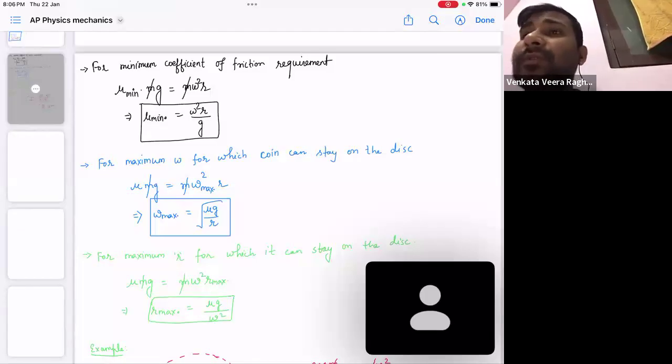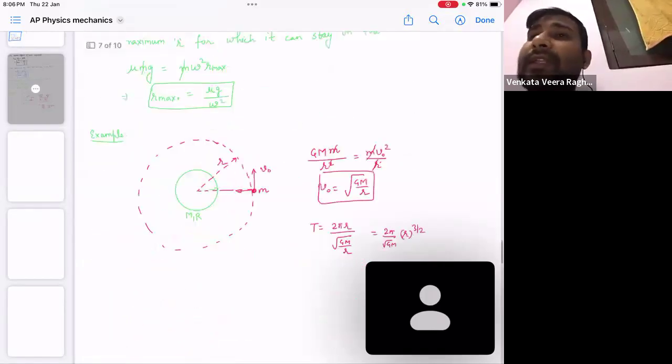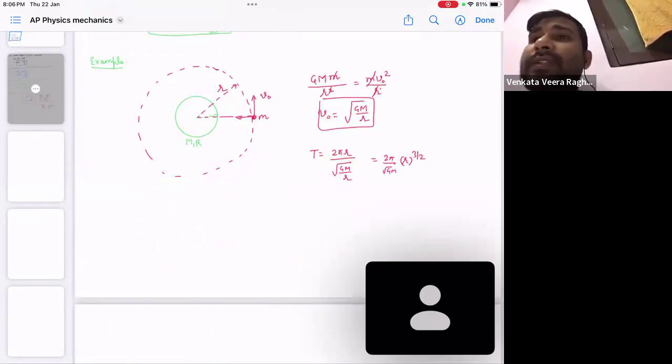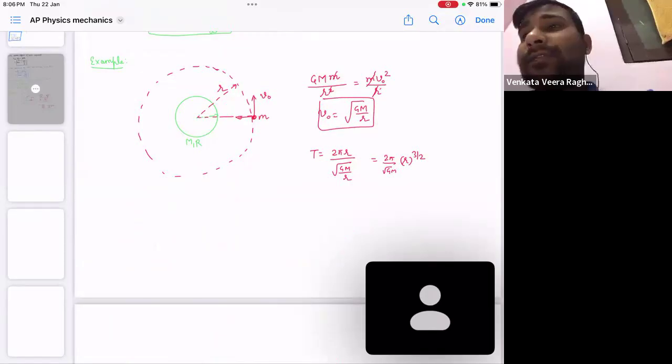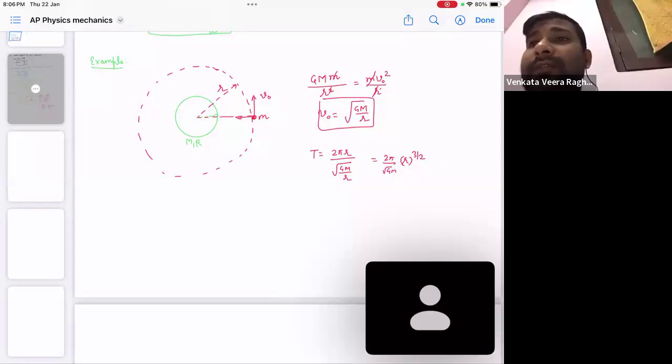Sometimes the force will not be exactly towards center, so we will take the component of those forces towards the center, and the net force towards center should be equal to mv square by r if velocity is given for the particle, or m omega square r if angular velocity is given.